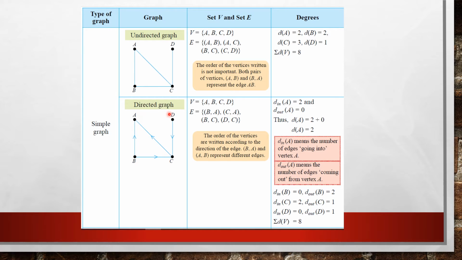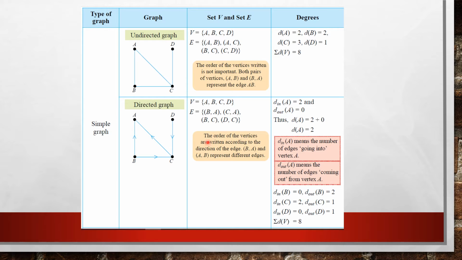Next, the directed graph. The vertices are still the same. You still have vertices A, B, C and D. But now you have to follow the arrow. So now here, for this line, it starts from B and ends at A. So you have to write BA. You cannot write AB.